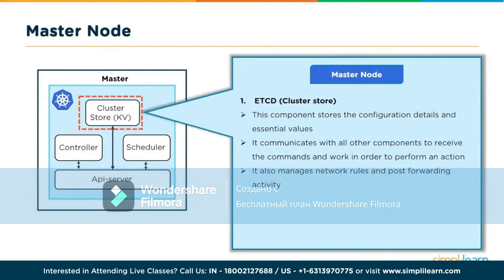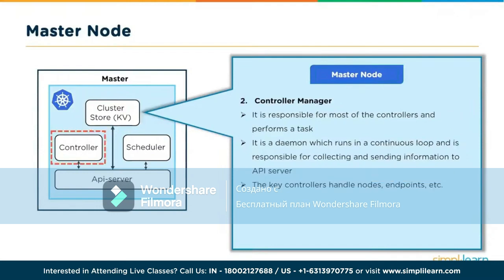The cluster store is the tool where all the details of the work that you're doing is stored. It's going to manage the rules, it's going to manage all the instructions, and this is where you're going to post that information. The controller is actually going to then perform the tasks that are stored in the cluster store.